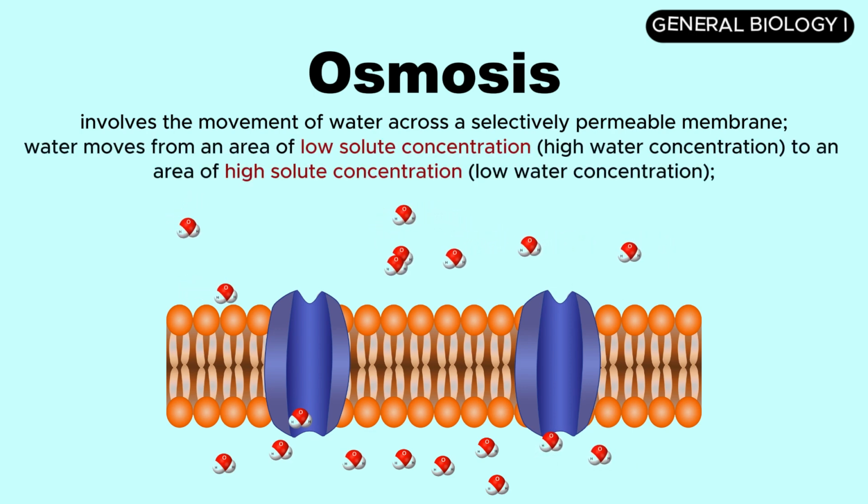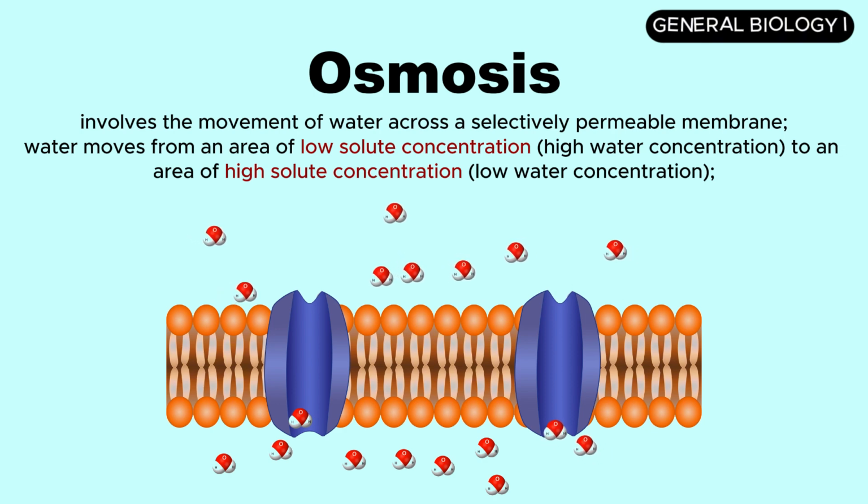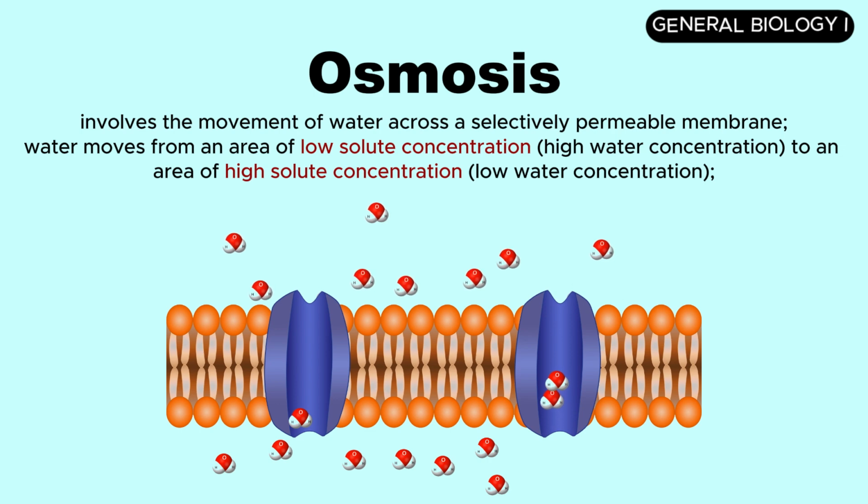Osmosis occurs when water moves from an area of low solute concentration to an area of high solute concentration, aiming to balance the concentration of solutes on both sides of the membrane. Water molecules move through aquaporins, which we mentioned earlier as specialized channels for water.